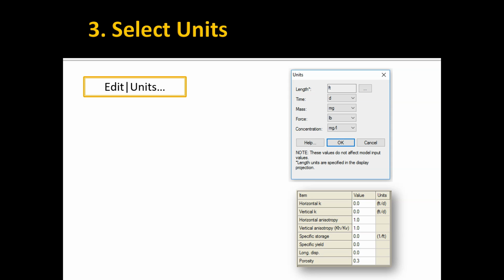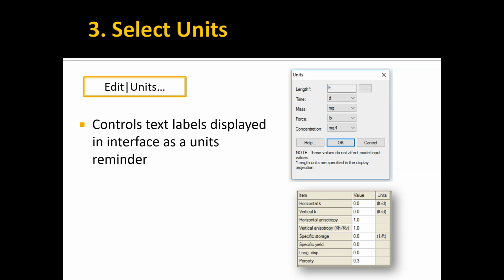And then again, selecting units. If you go to the edit menu and select units, the length units are generally tied to your projection. And so when you select units, length and time are the ones you typically have to worry about.